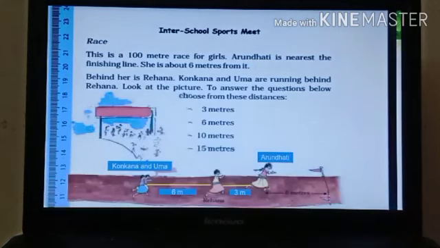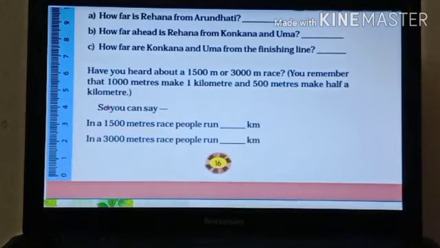Now the next question is: how far ahead is Rihanna from Konkna and Uma? Here we have to find the distance from Rihanna to Konkna and Uma. See this distance and see the distance of Arundhati to the finishing line. That is almost the same, that means also 6 meter. So Rihanna is 6 meter ahead of Konkna and Uma. Understood? Now the next question is: how far are Konkna and Uma from the finishing line?